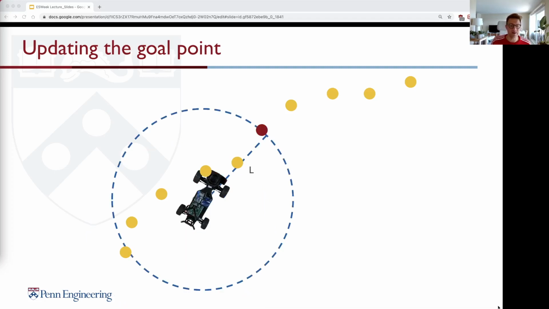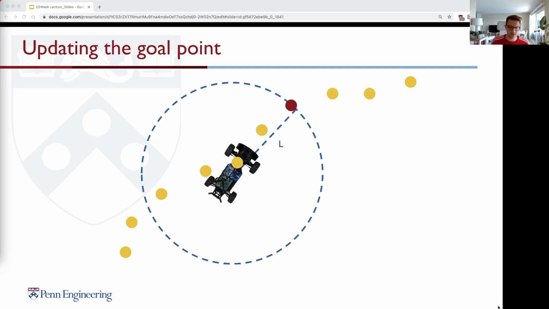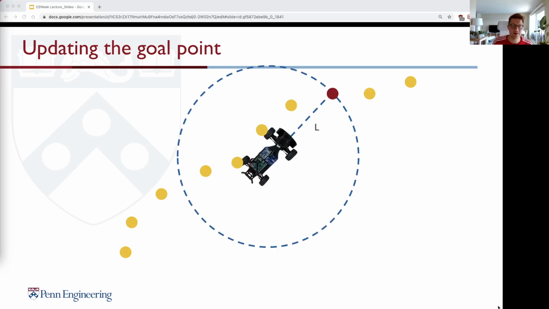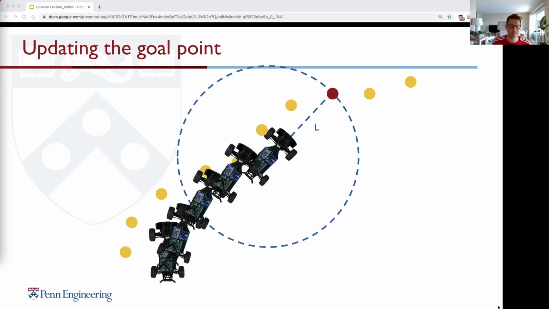And now we do that again. We move forward, we update the position, we search for the next point on look ahead distance and drive exactly towards it. And again, now we have the next point and the next point and the next point. And that creates more or less then the steering of the car.